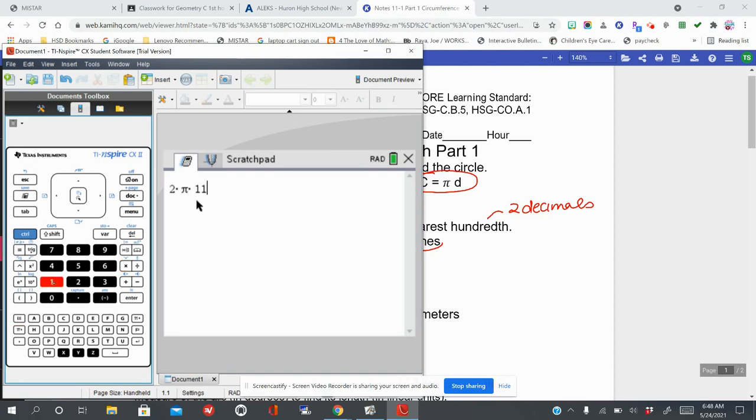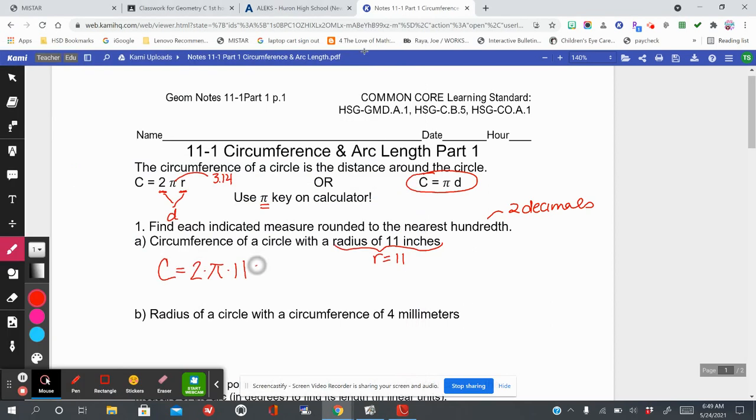Times 11. Enter. Now 68.115, or 69.115, because I can't read. So 2 decimal spots is going to make that one a 2. So this would become 69.12 inches.